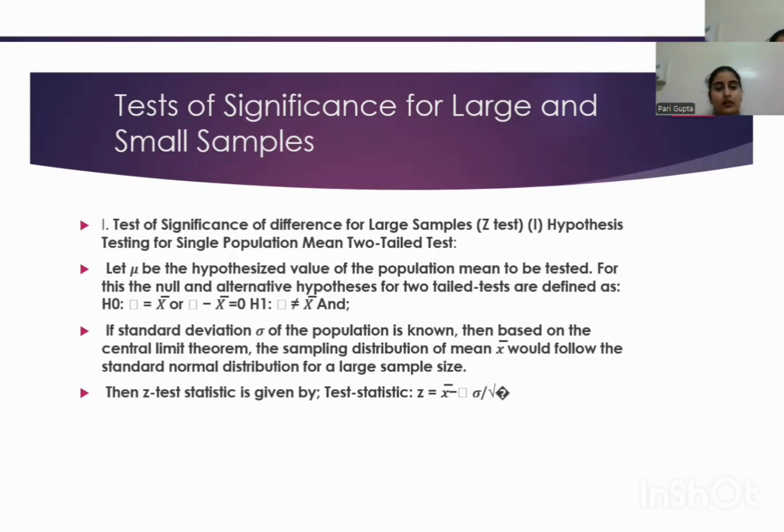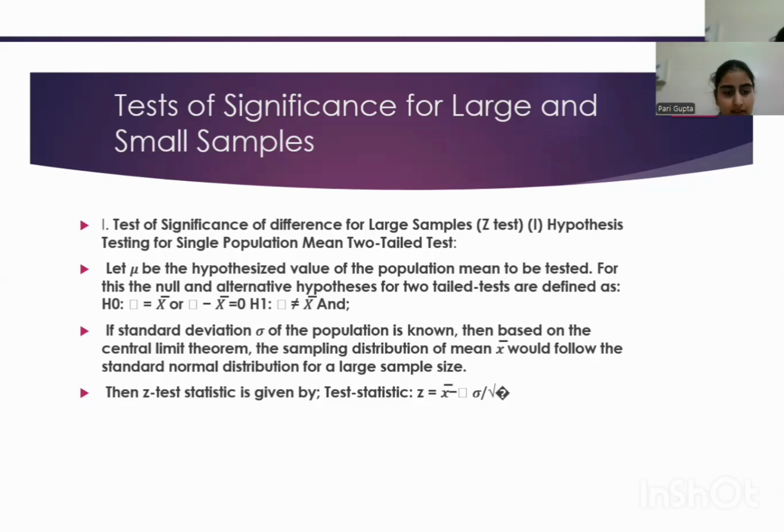Let's move with the hypothesis value for the population's mean to be tested. For this, the null and alternative hypothesis for a two-tailed test are defined as H naught: X bar minus mu equals 0, H1: X bar not equal to mu. If the standard deviation of the population is known, then based on the central limit theorem, the sampling distribution of mean X bar would follow the standard normal distribution for a large sample size.